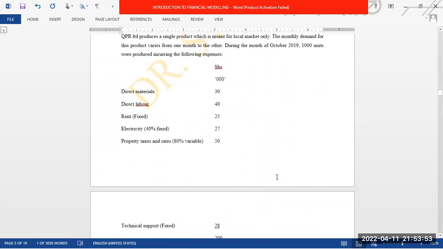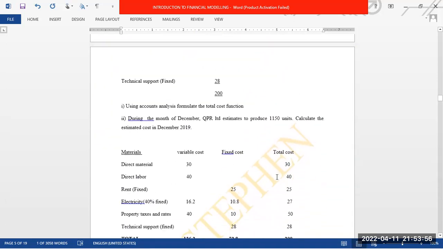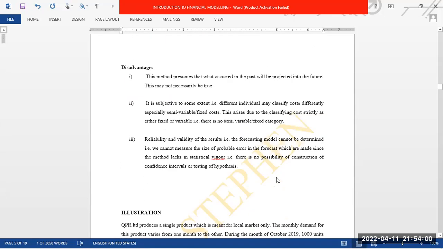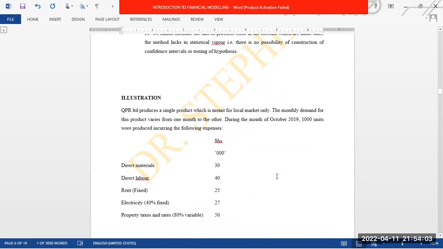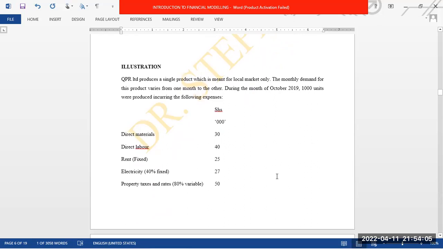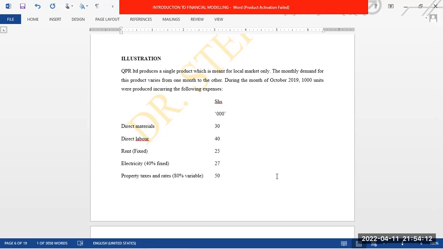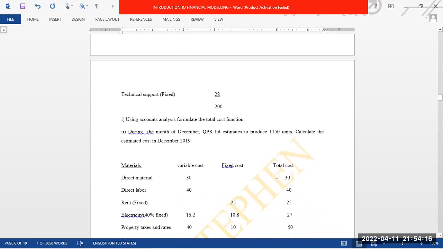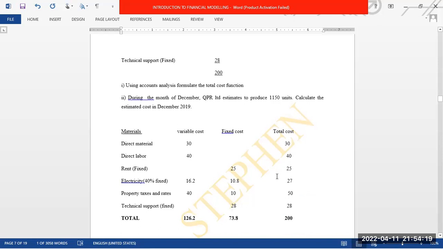So for us to get b, and what does b represent? Variable cost per unit. During the month of October 2019, 1000 units were produced incurring the following expenses. 1000 were produced, and you can see the variable cost here is 126, and this 126 is in thousand, so it's supposed to be 126,200.